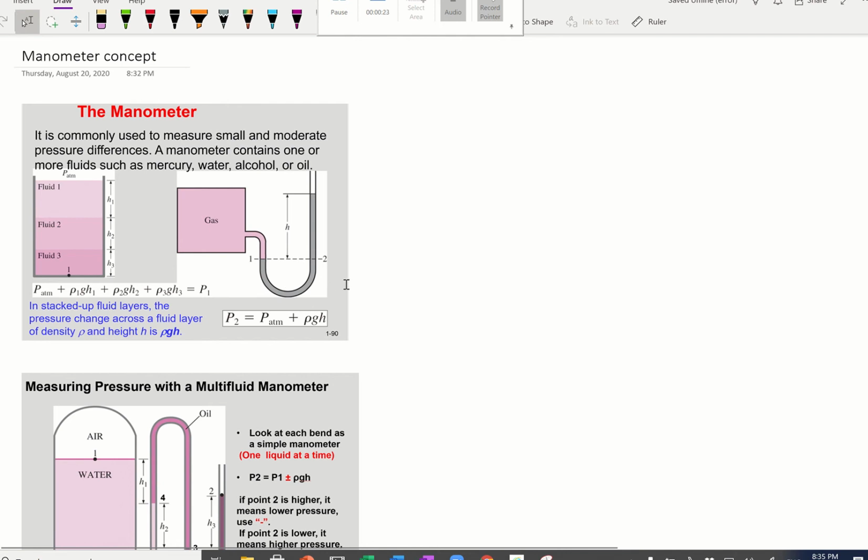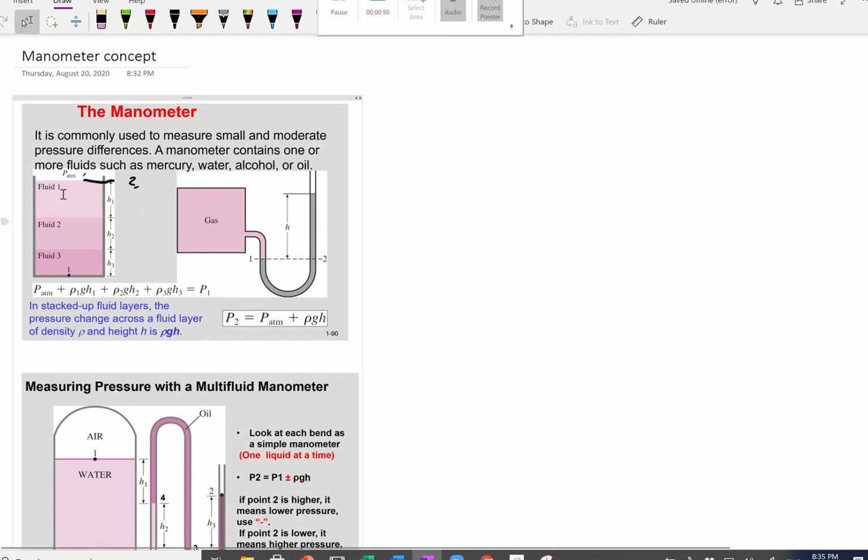So here, let's look at this one. You have a beaker that is open to air. Let's call this point point 2, and point 2 is going to have atmospheric pressure because it's in contact with the atmosphere.